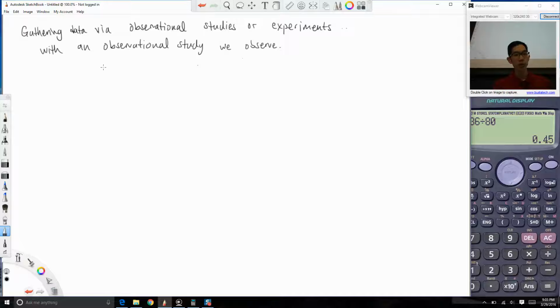We try not to interfere with the people or things that we are studying. If we're studying plants or whatever, we try not to interfere with them other than taking measurements.